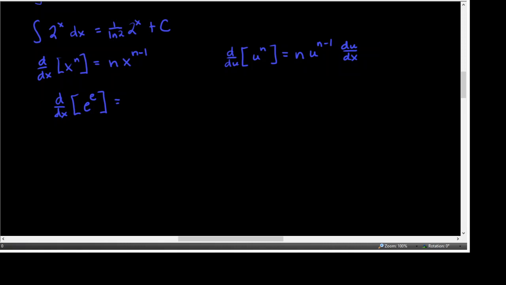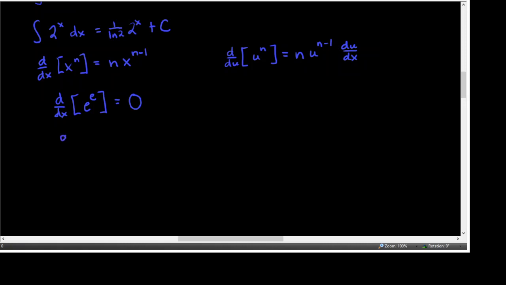E is a number, and any number raised to a number is just a number. And so this is asking you for the derivative of a constant, and the derivative of a constant is 0. I hope you didn't bring down e and multiply it by e to the e minus 1. Oops, if you did. E is not a variable, so you can't treat it that way.